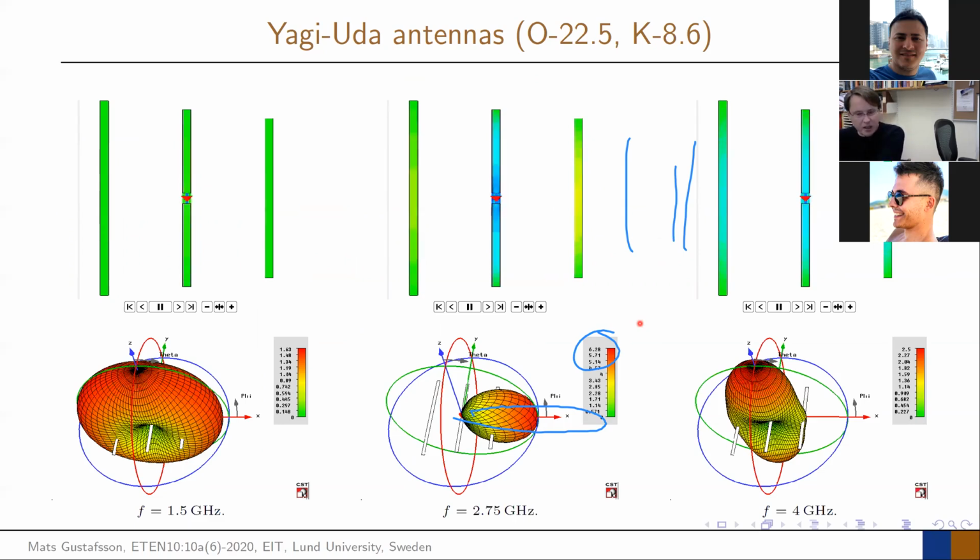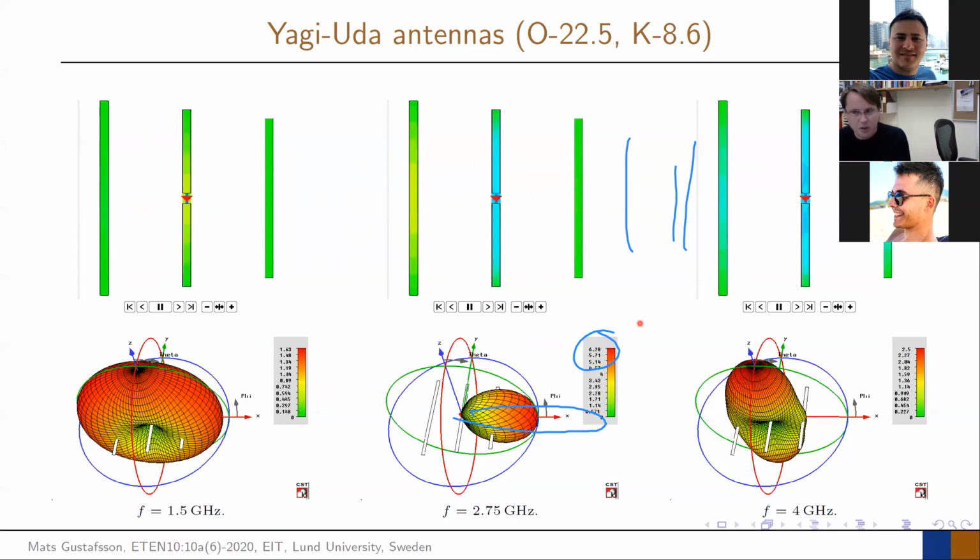So think again back to arrays. What did we learn about arrays? Yes, by adding more elements, we got a more narrow beam. Same thing with the Yagi-Uda antenna. Of course, we cannot add hundreds of these because they will not couple very hard. After a while, the current is so low in them that nothing happens. But you can definitely have like 5, 6, 7, and so on directors, and you will get a more narrow beam and higher directivity.